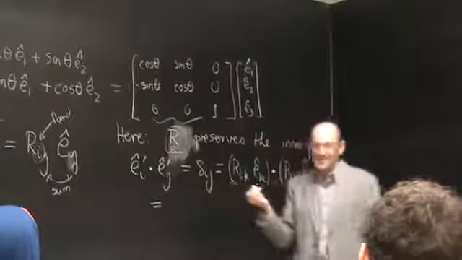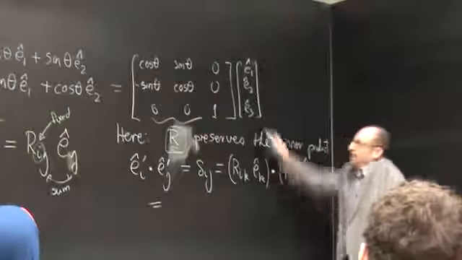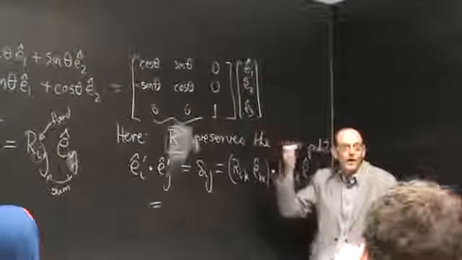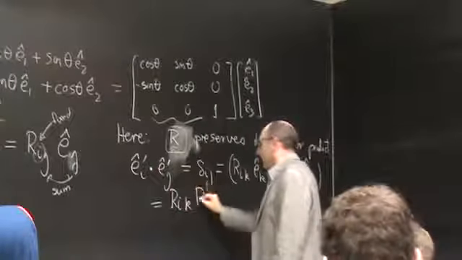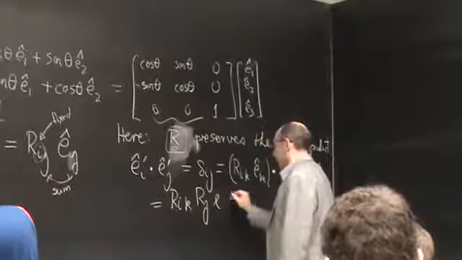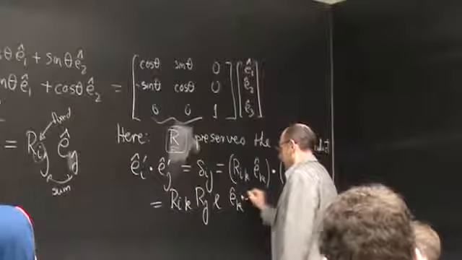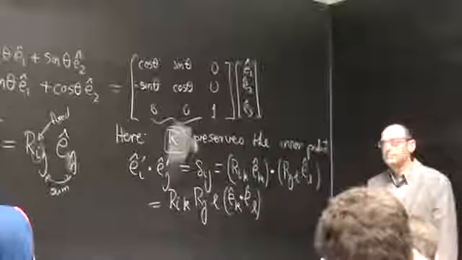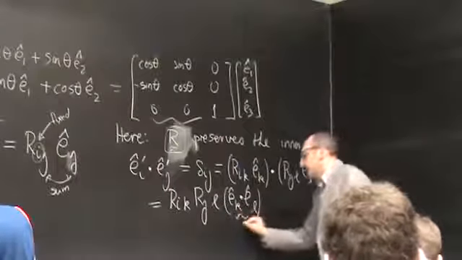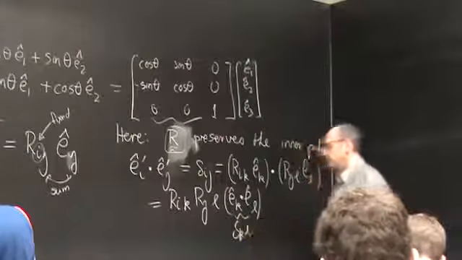The matrix elements are just numbers, and I can put them in any order I like. R-I-K, R-J-L, E-K dot into E-L, which is delta KL.